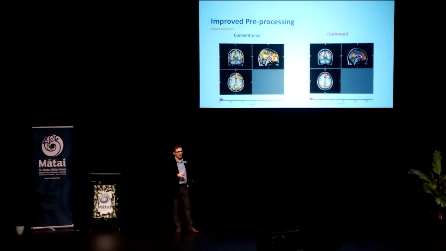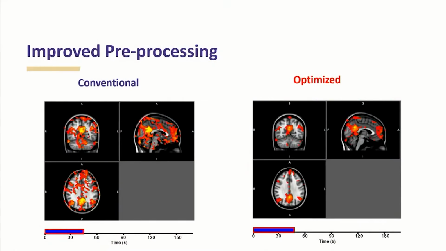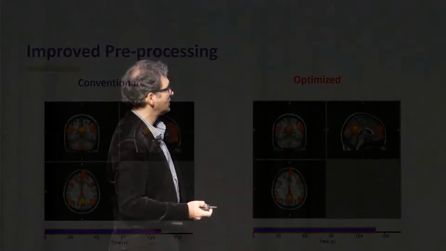On the left, we have the data from the conventional way, and on the right, you see the data from the optimized version, and as you can see, it gives us a very clean, less noisy results and maps.